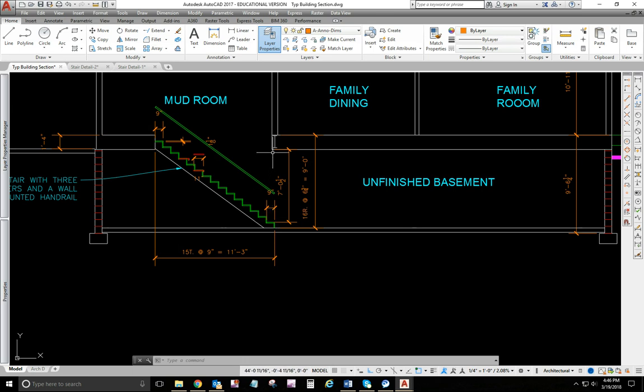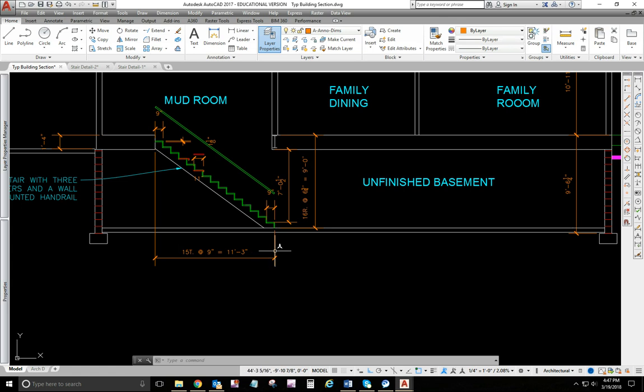If you do not have 6 foot 8, then you need to change your stair calculation to go with one fewer riser so that your stairs are steeper and not as long. So you need to check this height.